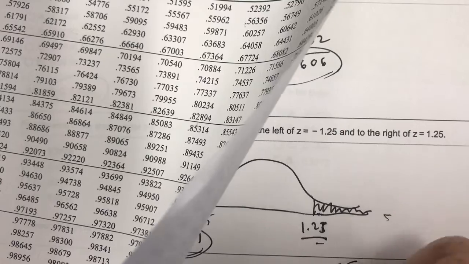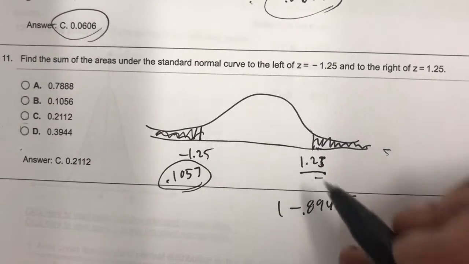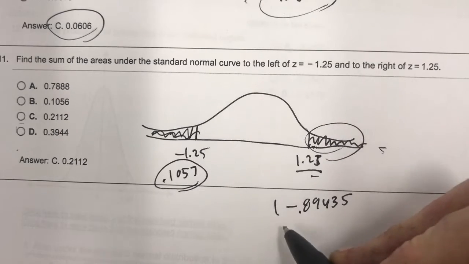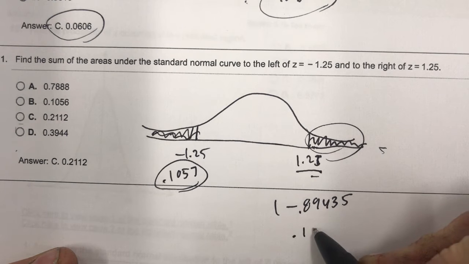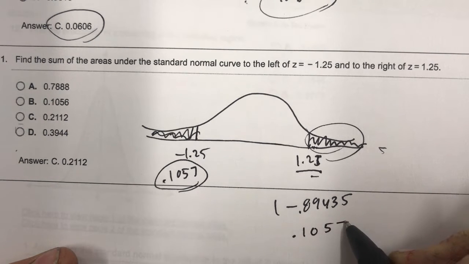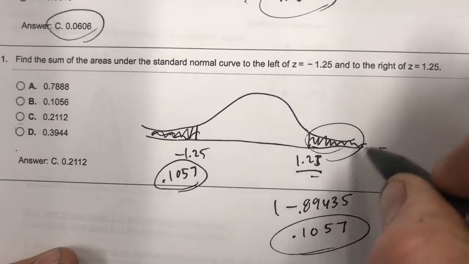All right, I got to do 1 minus that, because I went to the right of this, which is going to be 0.1057 again.